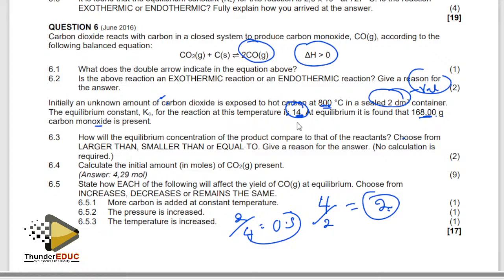In this case, you'll find that the product is big, that's why the Kc value is much higher. Is it clear? So the answer is larger than. Next, calculate the initial amount of carbon dioxide present. So in this case, what are you going to do?